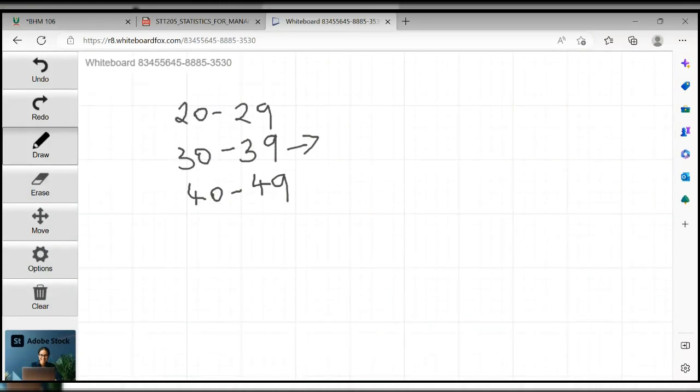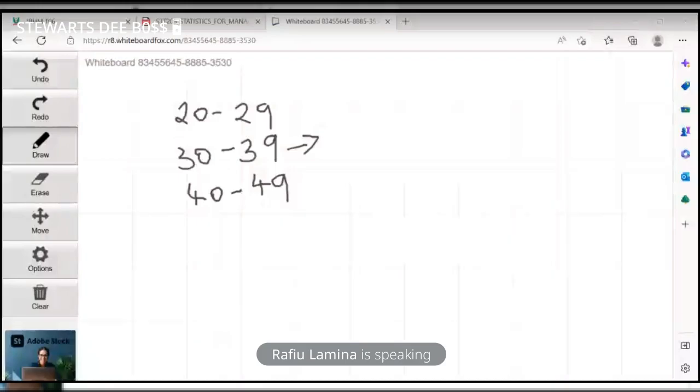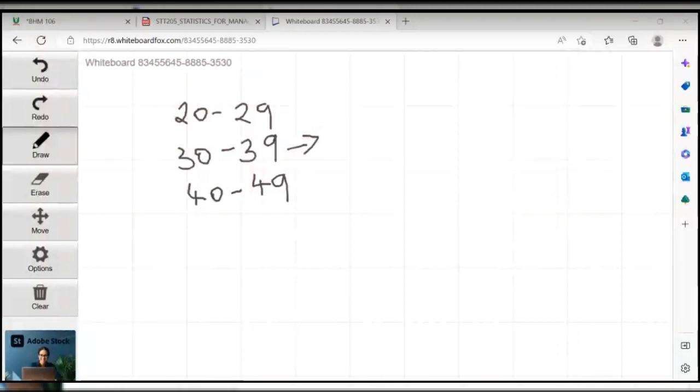Did another person try it? I want the answer to the second one. The lower second class boundary is 29.5.